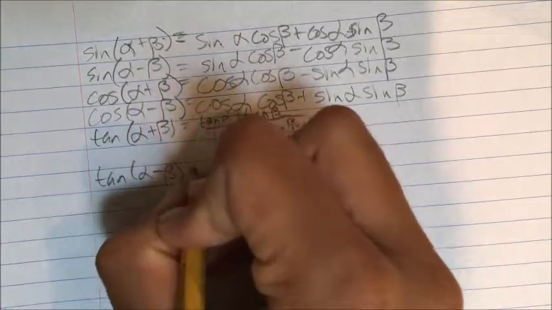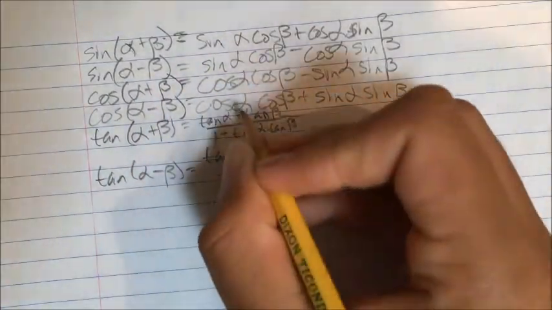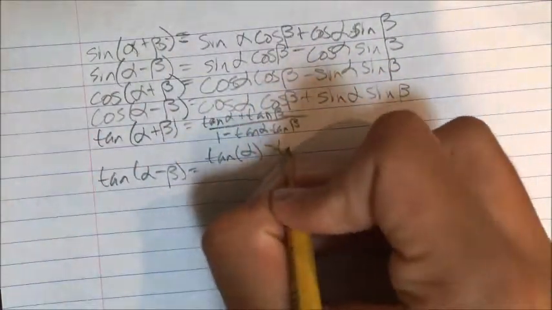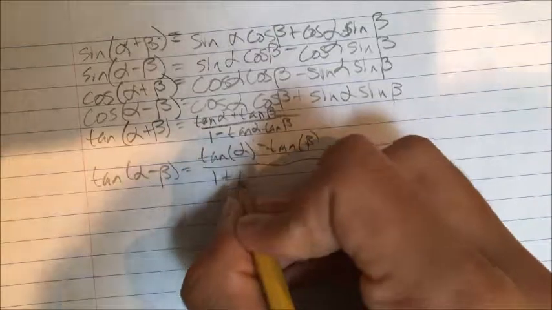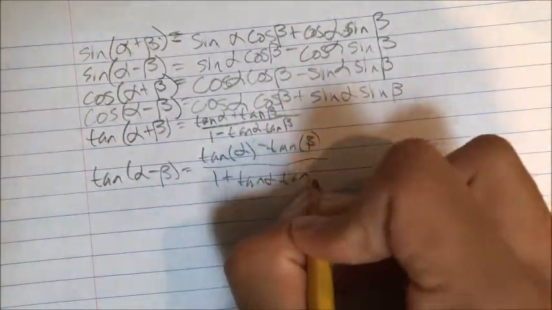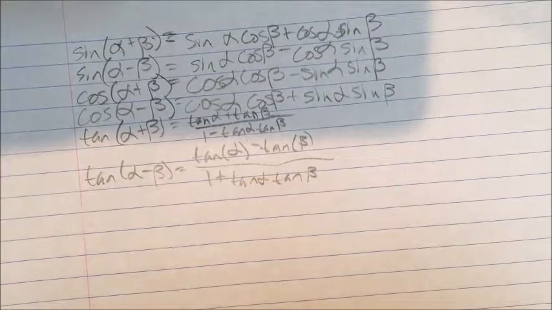I'm just going to give myself a little room here. Tangent alpha minus tangent beta over 1 plus tangent alpha tangent beta. So here you see I also just substitute in negative beta for beta in the original one. We don't really need to prove this. We don't really need to know how to prove it.